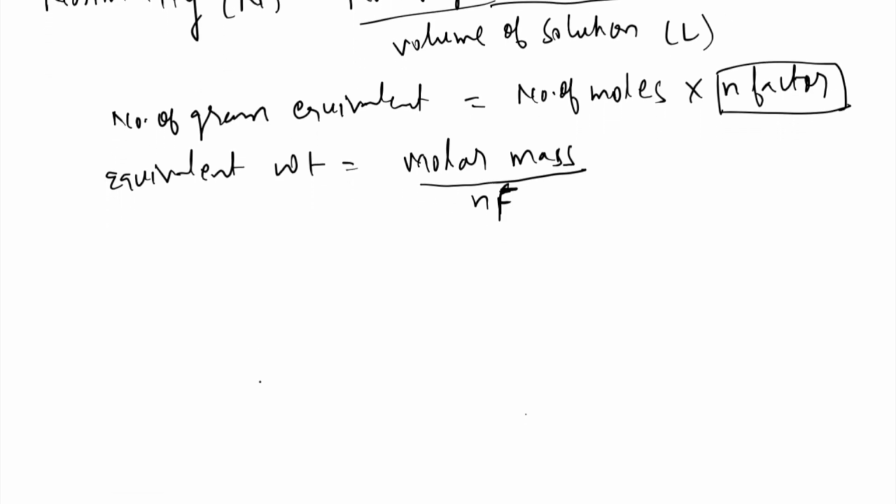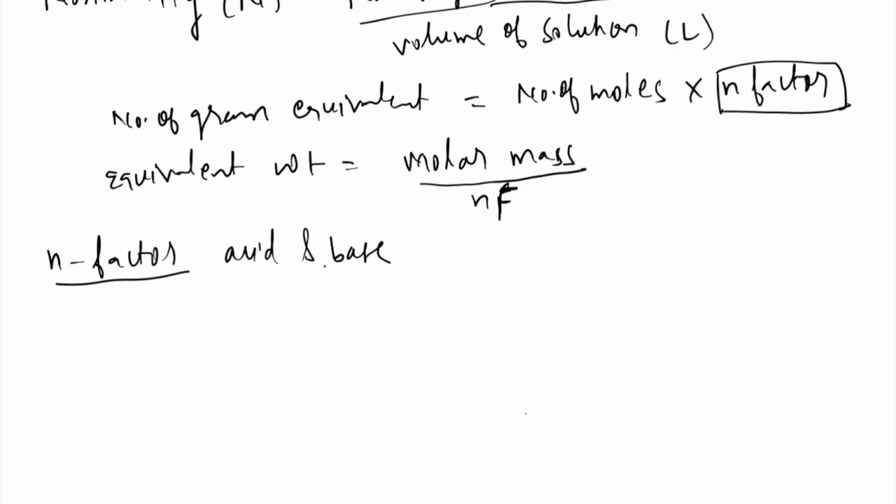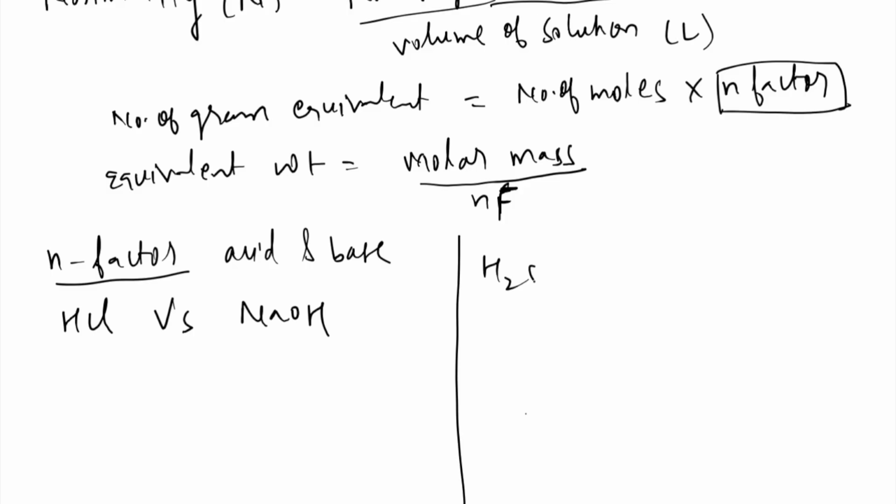First I'll explain what is n factor, and then we will come back to this formula again. To understand the term n factor, and this is a very wide topic, I will restrict it to only acid and base, just for the explanation. So we have to take into consideration two acid-base titrations: one is HCl versus NaOH, another is H2SO4 versus NaOH.